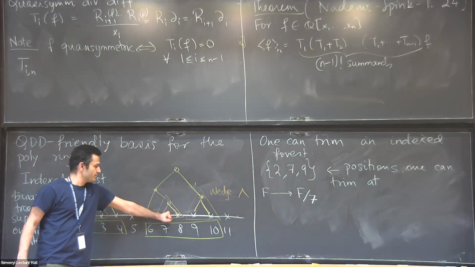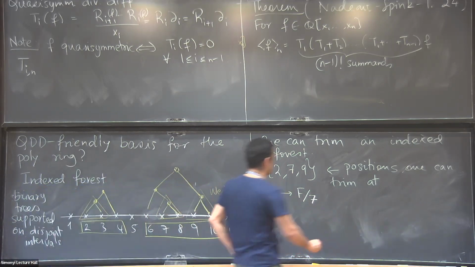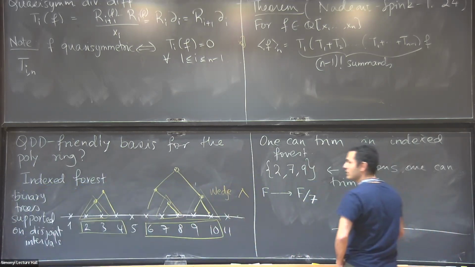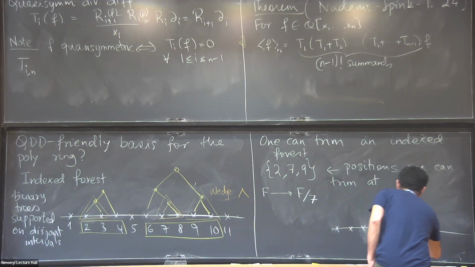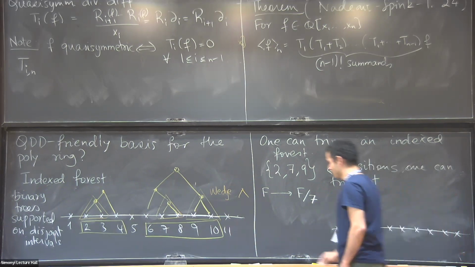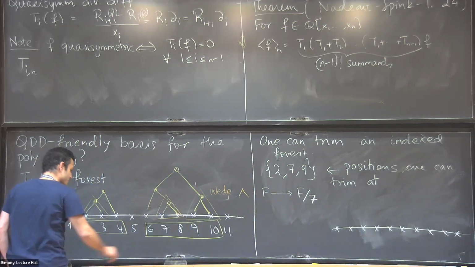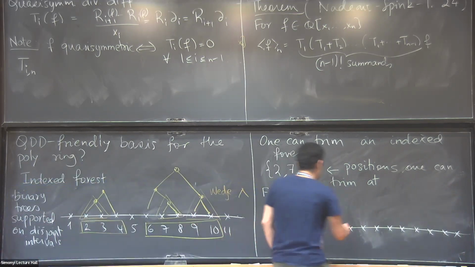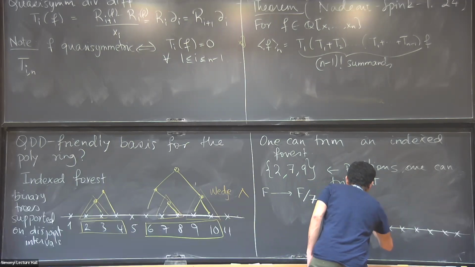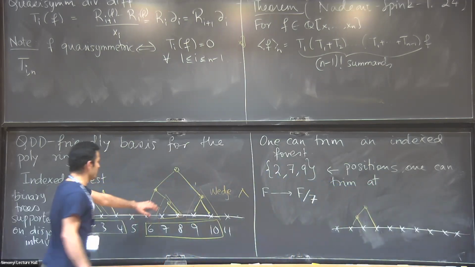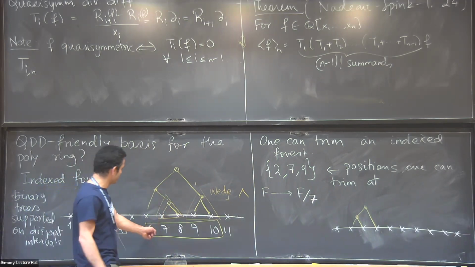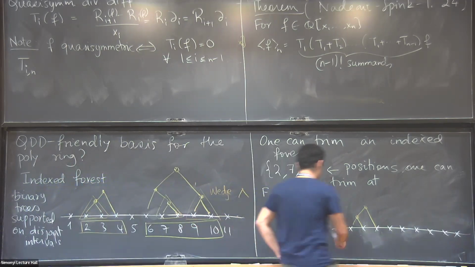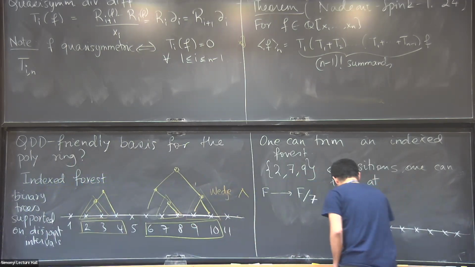So this becomes a leaf. Let's redraw this, and hopefully I don't mess it up. This guy has no change; it's the same as before. And this guy will now become a tree on 3 internal nodes, and it's going to go from 6 through 9. So 1, 2, 3. Record the labels.